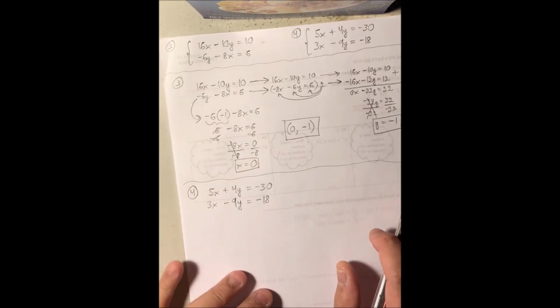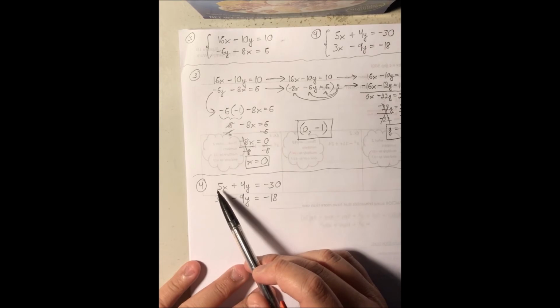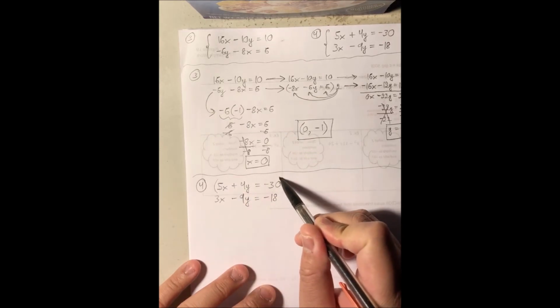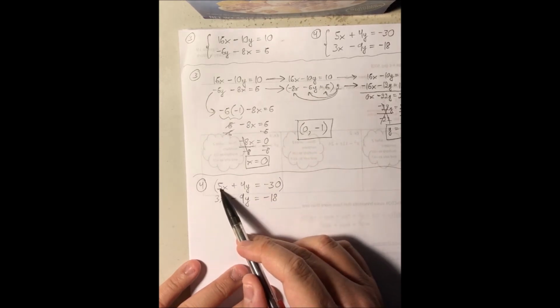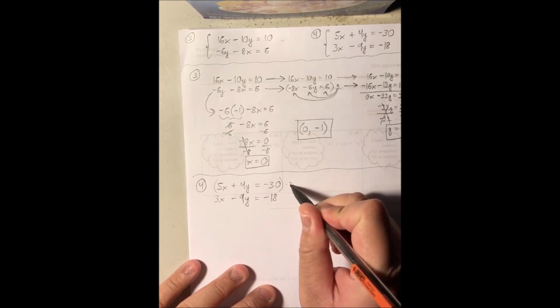All right. Now let's just say I want to convert the top number into 15. Well, to convert the top coefficient into 15, I just have to multiply the entire first equation by positive 3.